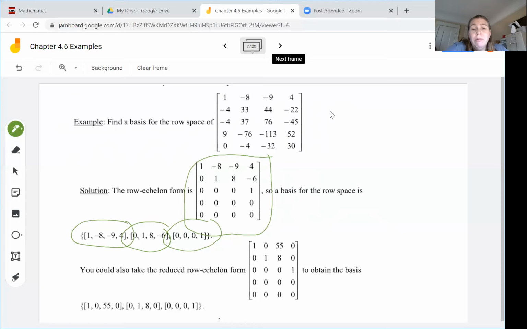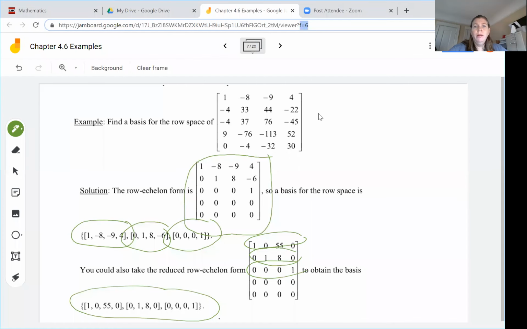You could also take the reduced row echelon form. Then you would have the vectors corresponding with the first three rows of the reduced row echelon form. That's another way to obtain a basis. Either method works fine, using the row echelon form of the matrix or the reduced row echelon form. Remember, the difference between row echelon form and reduced row echelon form is that in the reduced row echelon form, the leading entry of each row is a 1, and then each column with a leading 1 has zeros elsewhere.